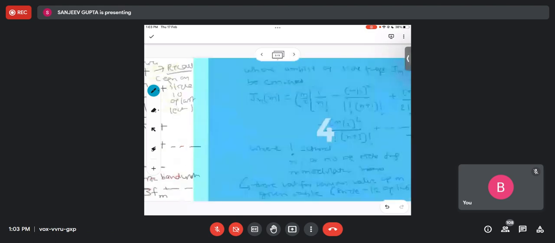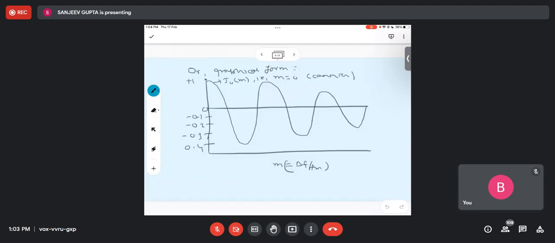So this is the graphical form, because sometimes you will find this. J0 is this one, where n is equal to 0 for the carrier. Then we have another curve, I'm not very clear in drawing this, but these types of graphs are available. There is another one which corresponds to J1M, that is n equal to 1 for the first side frequencies.